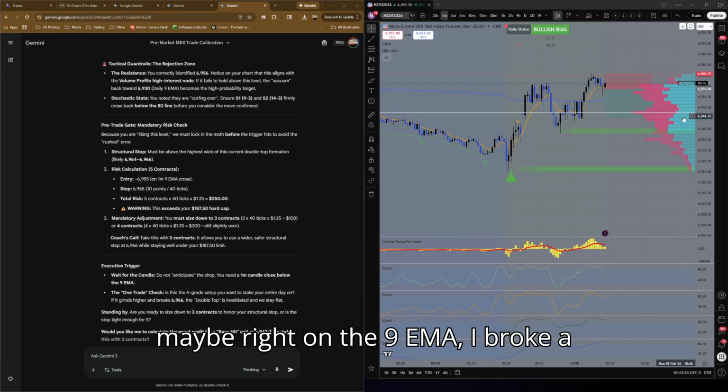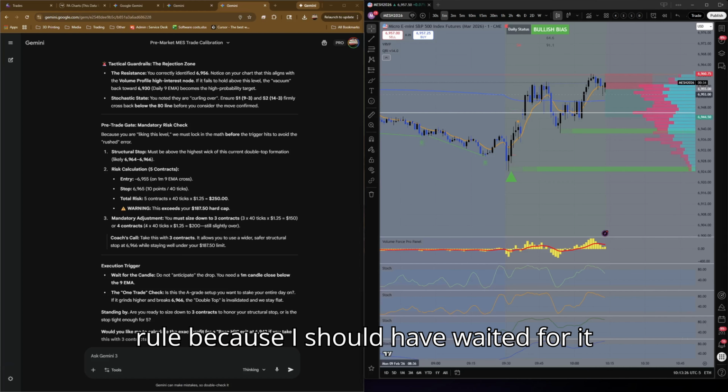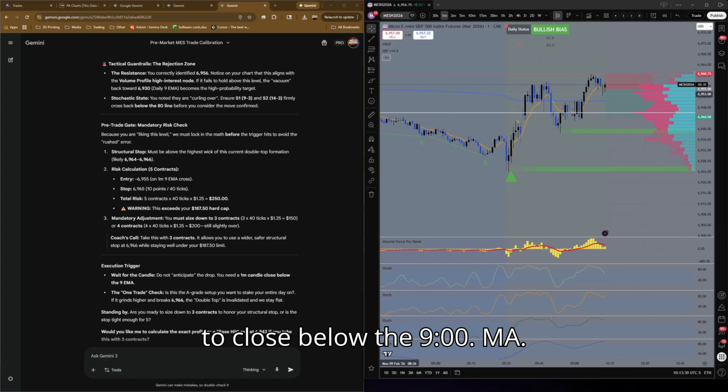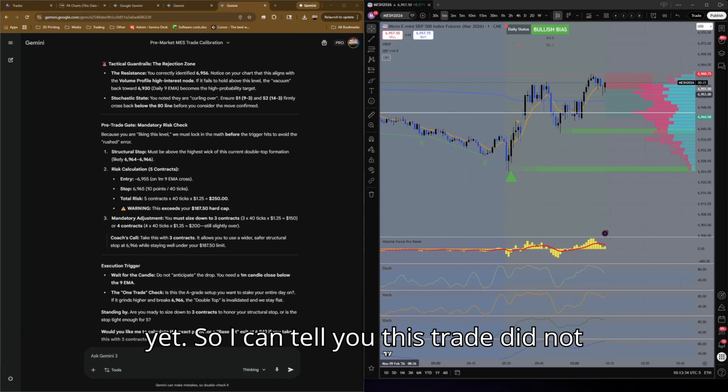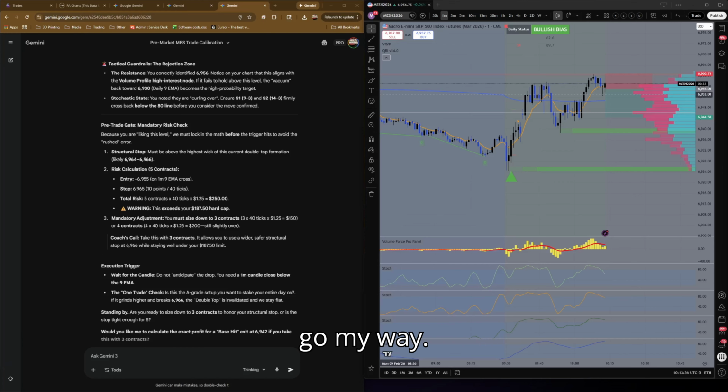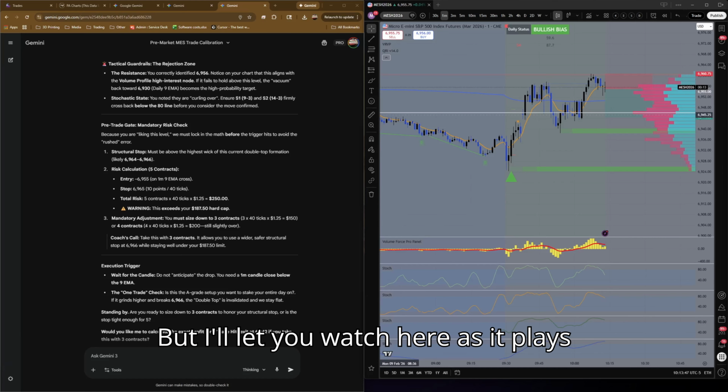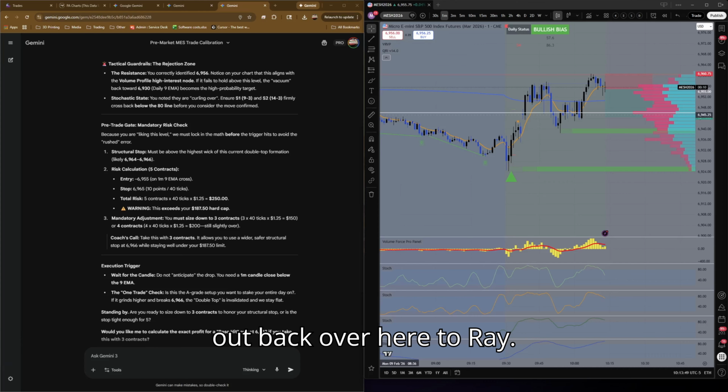And so even though it closed maybe right on the 9 EMA, I broke a rule because I should have waited for it to close below the 9 EMA. And that hasn't really happened as of yet. So I can tell you this trade did not go my way. But I'll let you watch here as it plays out. Back over here to Ray.